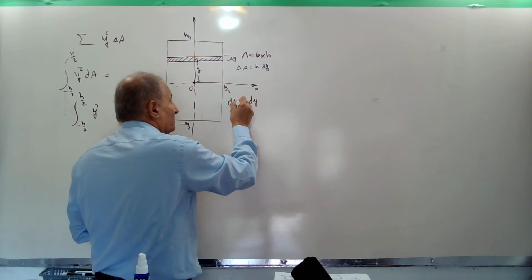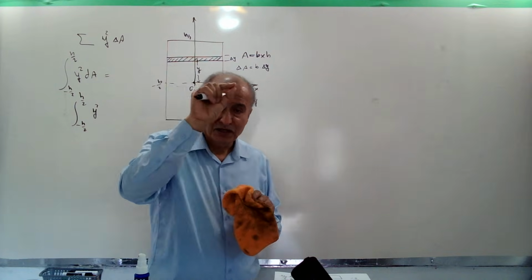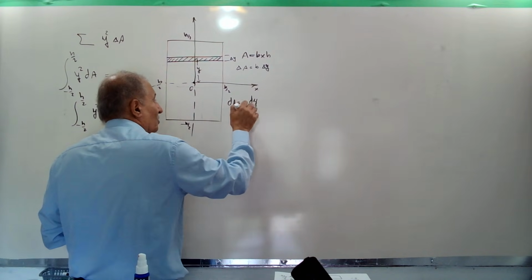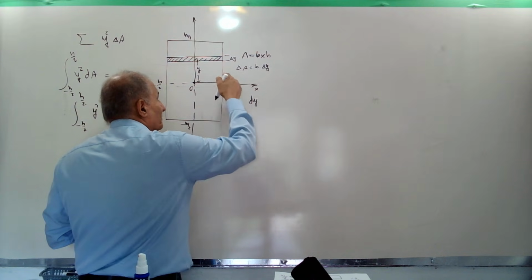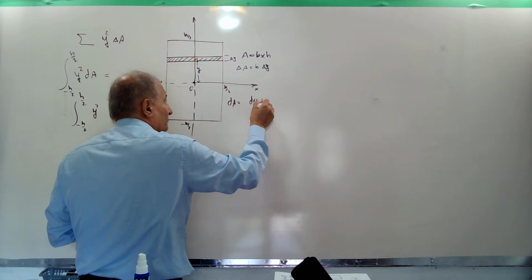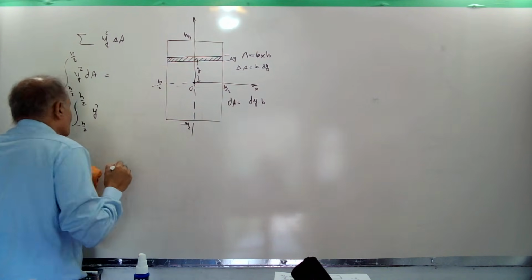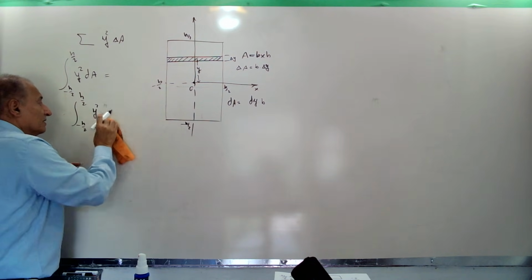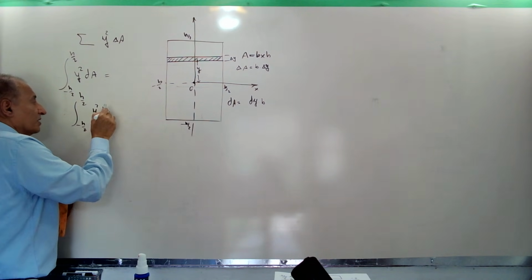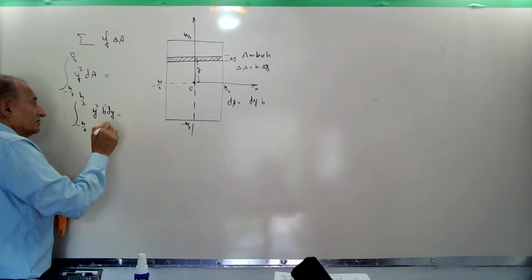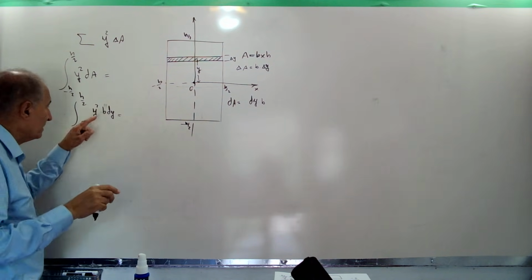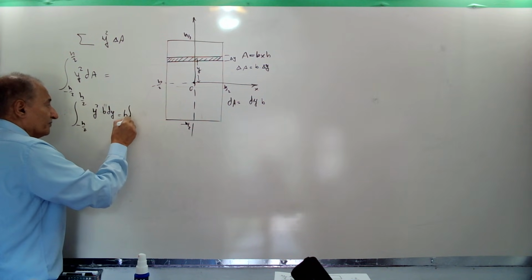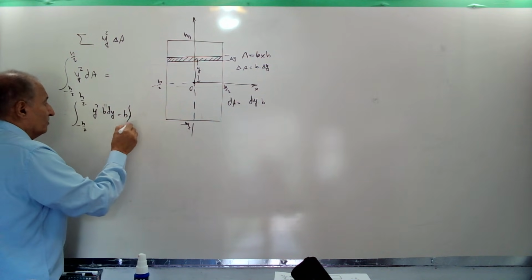Then the delta area is a very tiny strip here, which is dy times b, a small tiny area, b times dy. Then in the integration, b is a constant. We can take it out of the integral.